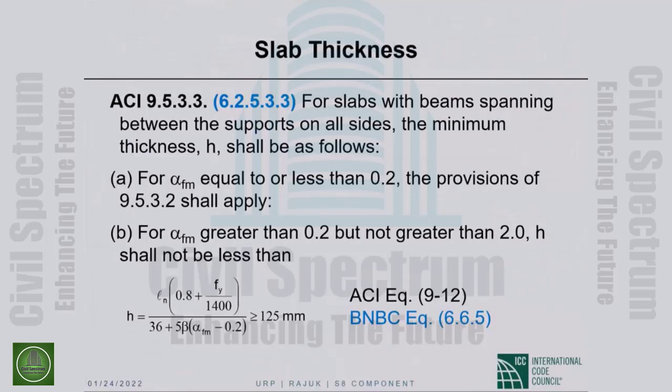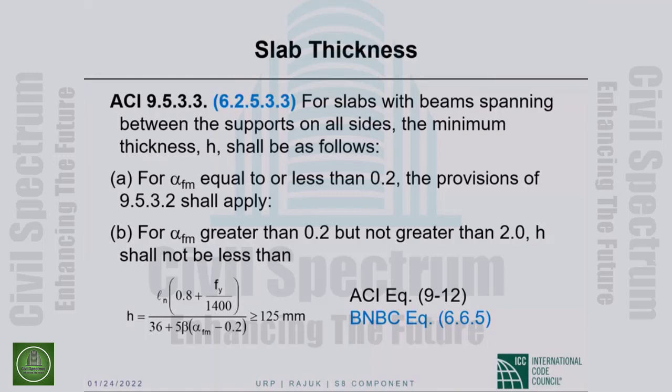For slabs with beam spanning between the supports on all sides, minimum thickness shall be as follows. So flat plate is given by the table 9.5c. If you have beams on all 4 sides, then for alpha sub fm, this is the stiffness of the supporting beams, you will see exactly what that quantity is, equal to or less than 0.2, those will be treated like flat plates.